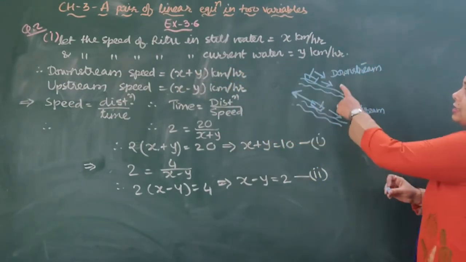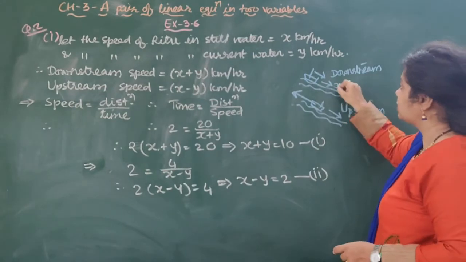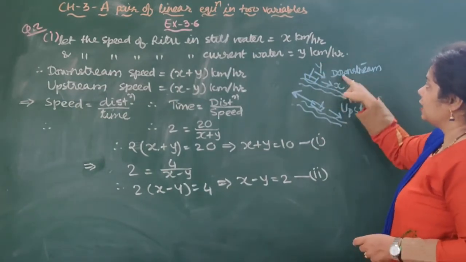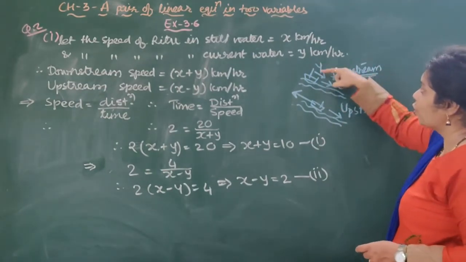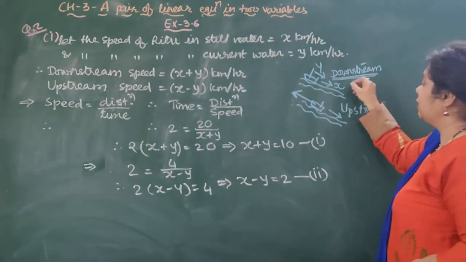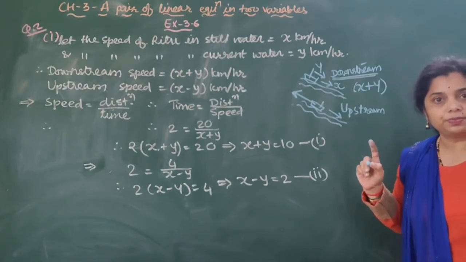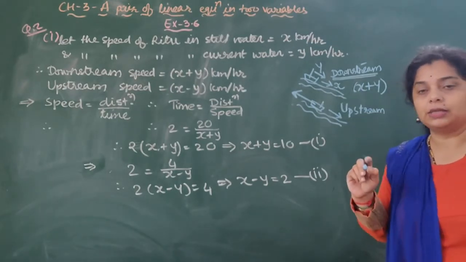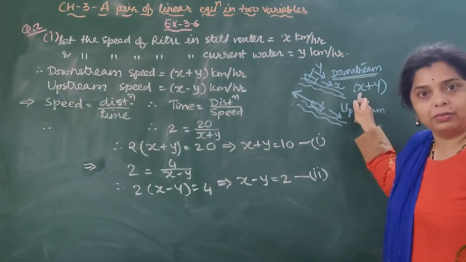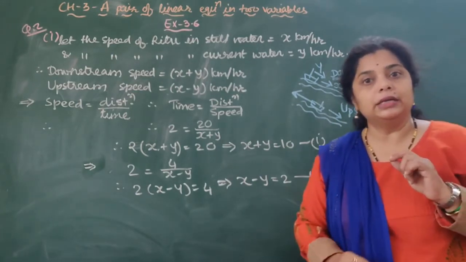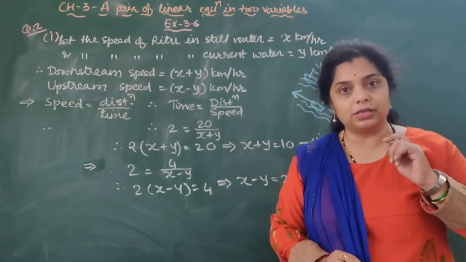In downstream, as both go in the same direction, we get x plus y. Is it clear? In the downstream case, we got x plus y because both are in the same direction. Try to understand this concept.